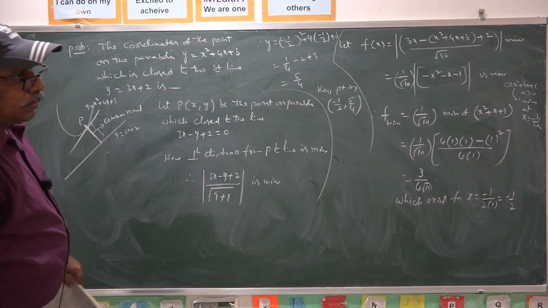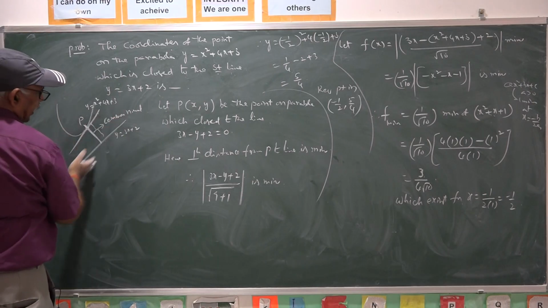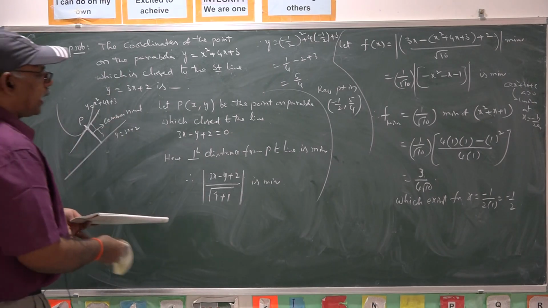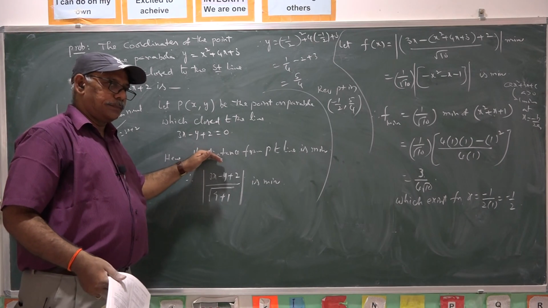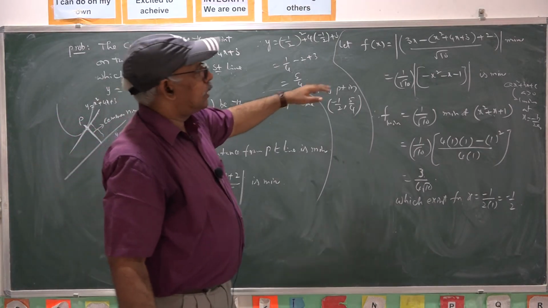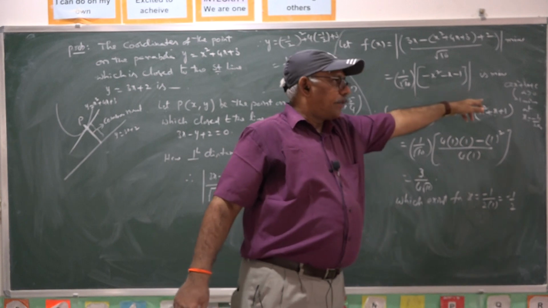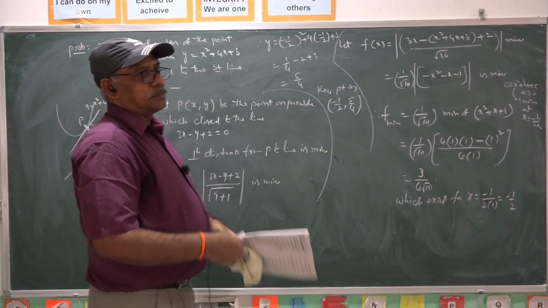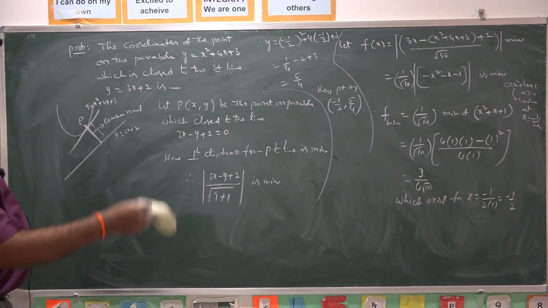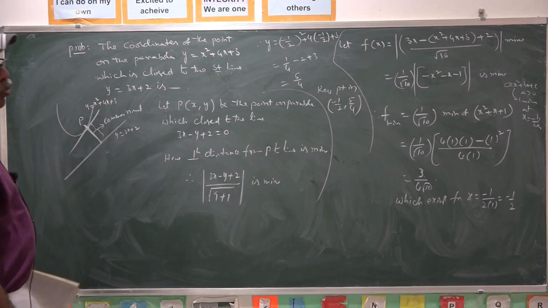For a curve and a straight line, just find the perpendicular distance and minimize it. To minimize the distance, you have to take x equal to minus half, because the distance is in terms of a quadratic.